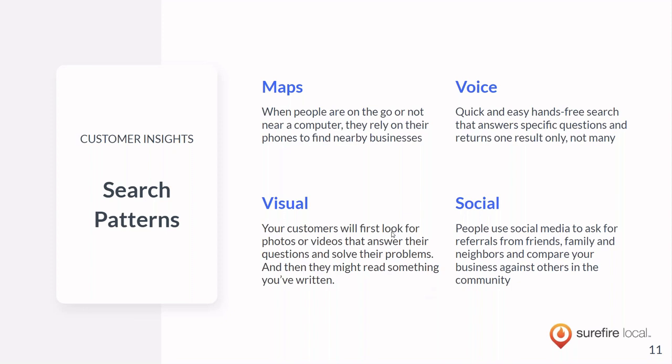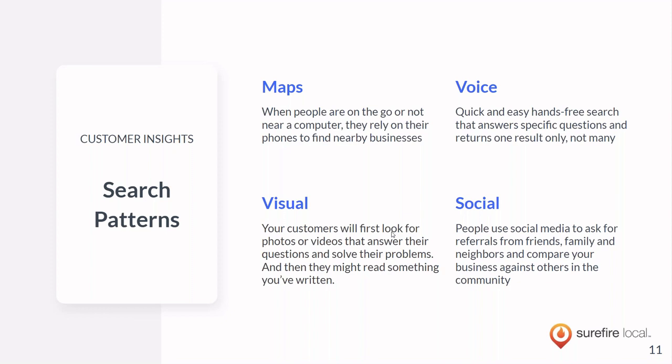Maps. We talked about Google Maps. We're all well aware of it. We have a little device that has that in our pockets. When people are on the go or not near a computer, they rely on their phones to find a business nearby. This is so very true when people are out.